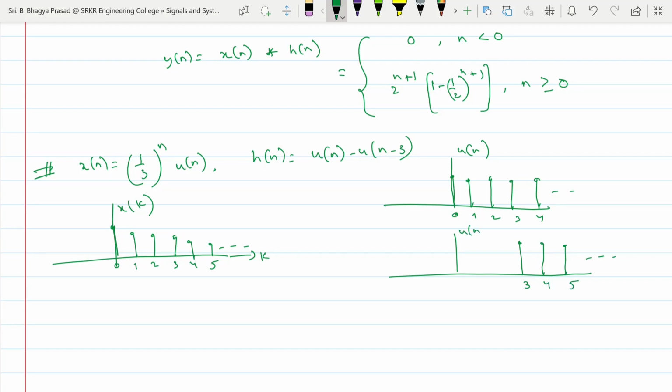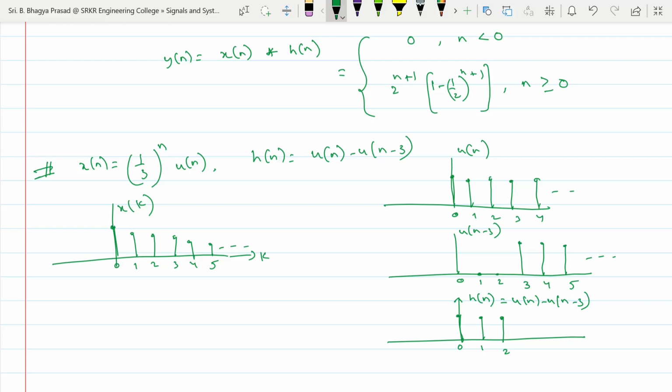So this is u of n minus 3. If you subtract these two, you will get a finite duration sequence in the range of 0, 1 and 2. This is your h of n. I am subtracting u of n minus u of n minus 3.